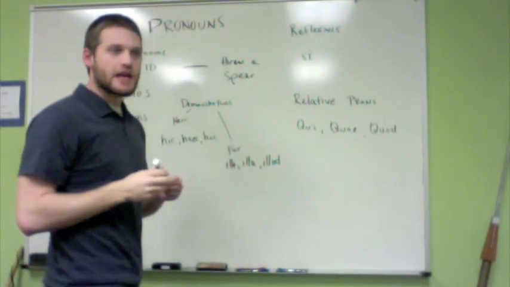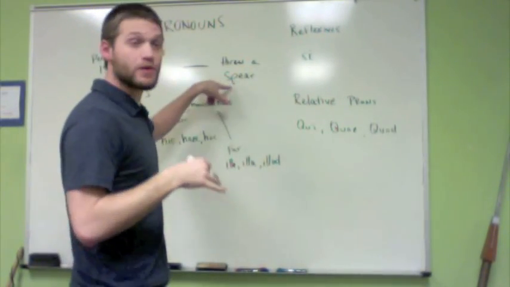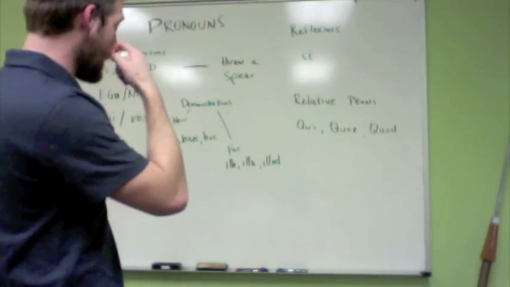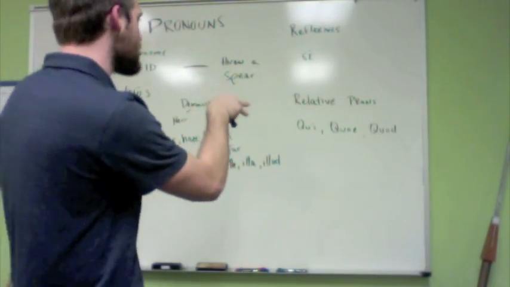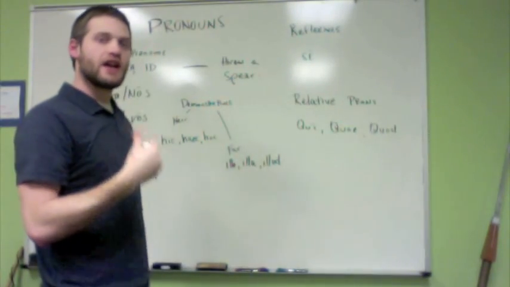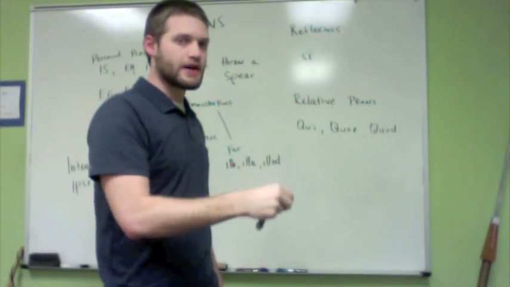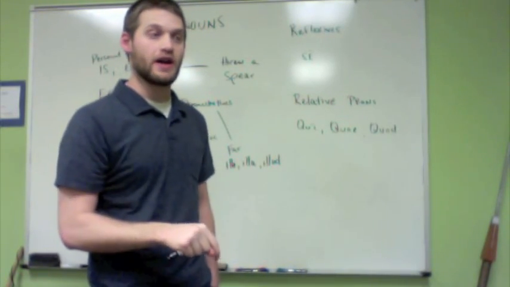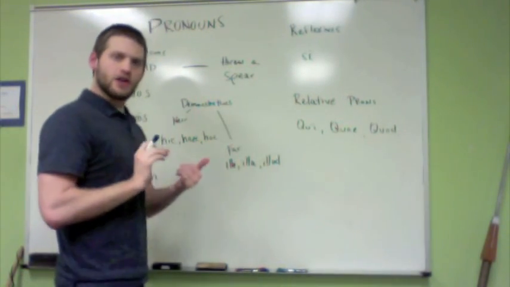Okay, and Johnny, keep in mind, before Johnny was him, because Mr. McCord was talking to him. But now notice, Johnny is the subject of our sentence. Johnny threw a spear. So instead of in English where you would take the indirect object pronoun him, now we're going to take the subject pronoun in English, and that would be she.